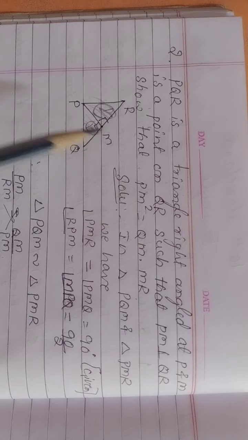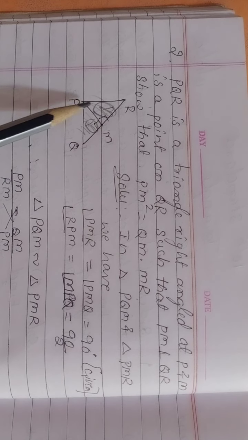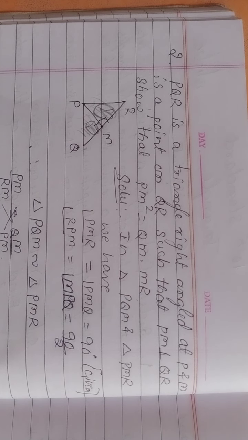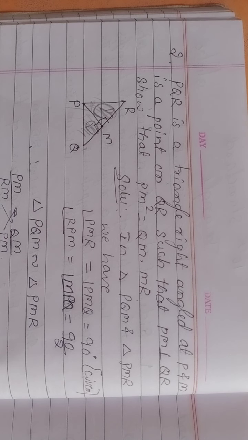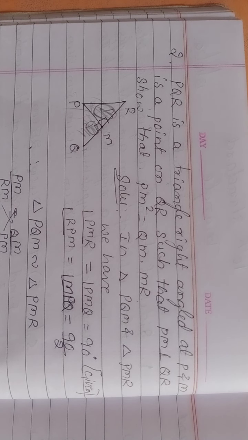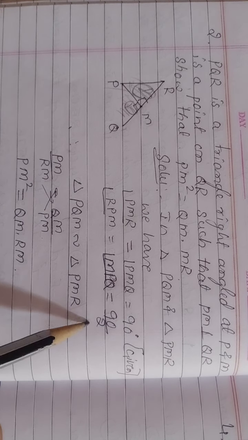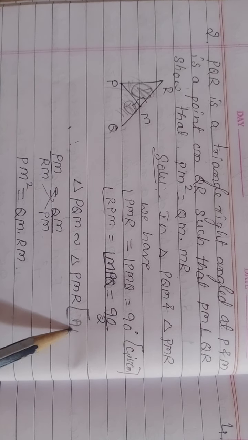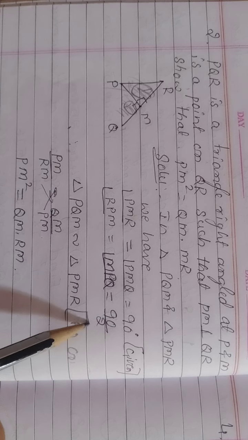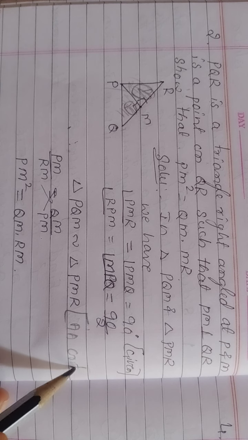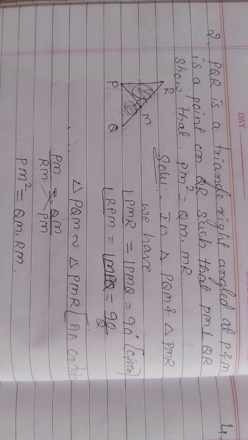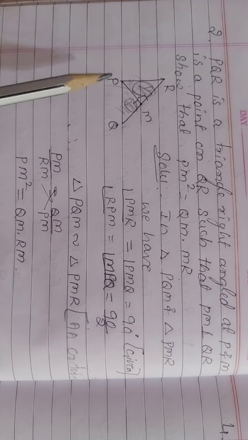So one angle is 90 for both. And this angle will be 90 minus the other, because P is a right angle, they are saying. That's why the two triangles will be similar by AA criteria, because two angles become equal, isn't it? So you can apply the corresponding sides.